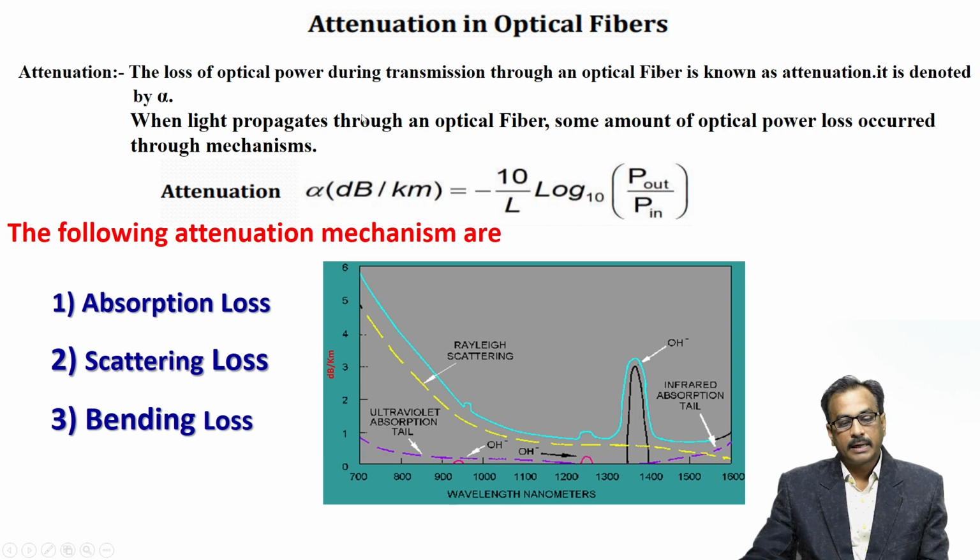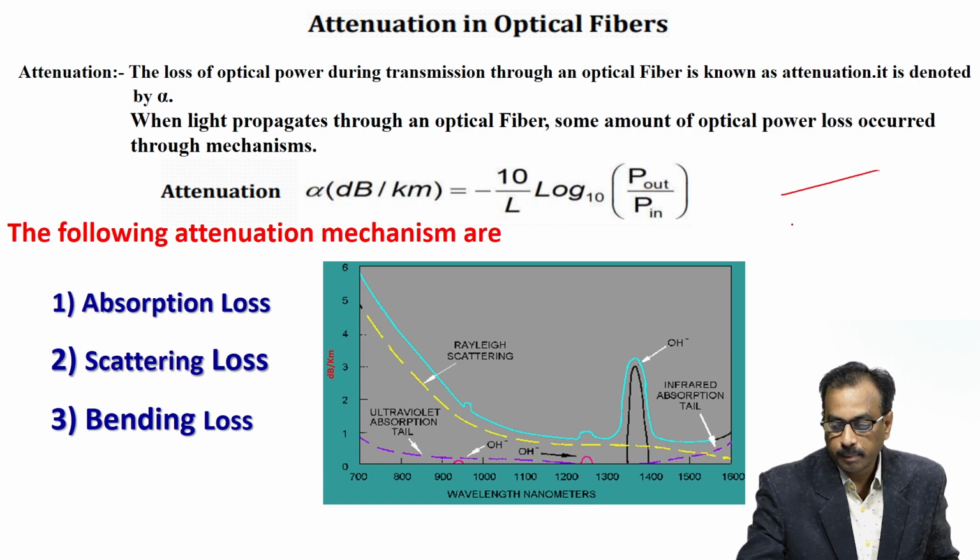When light propagates through the optical fiber, some amount of optical power is lost through some mechanisms. Attenuation alpha equals minus 10 by L log base 10 P output by P input, where L is the length of the optical fiber.